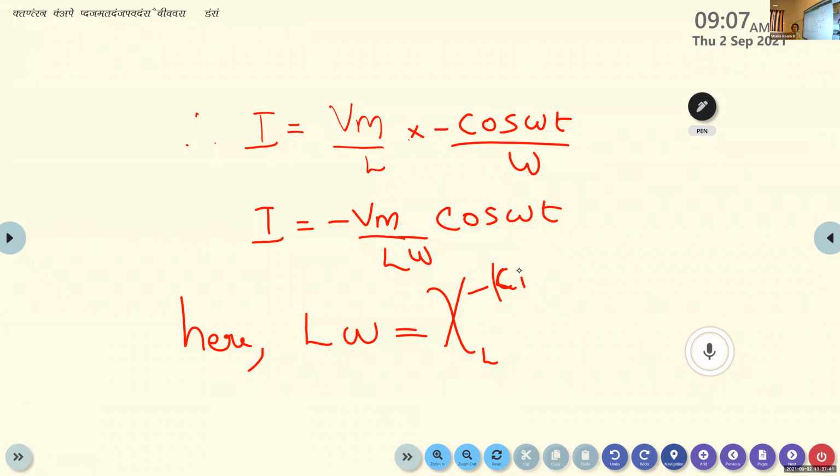Lω is equal to XL. And this XL is known as the inductive reactance of the inductor.